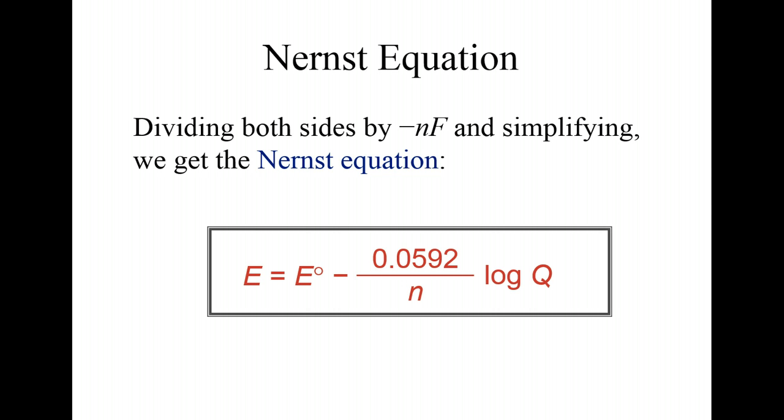This is the one I would definitely star in your notes. This is a widely used equation when you're talking about electrochemistry. Just to make sure you understand all the components: the E on the left-hand side of the equation stands for voltage at non-standard conditions.